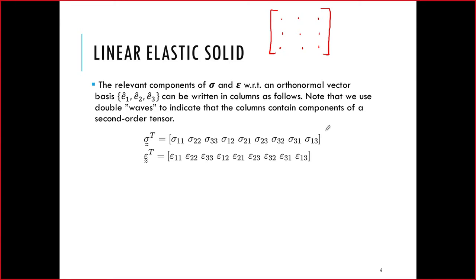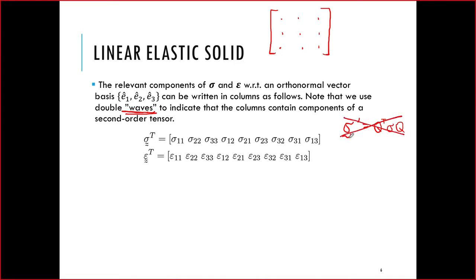Now already I am being careful and I am representing these components of the stress tensor and the components of the strain tensor with these double waves to show that these are no longer written as tensors. That means if I have this double-wave version, then the tensor multiplication I did earlier, sigma prime equals Q transpose sigma Q, or the other way around, you remember what I am talking about, the stress transformation case. Then if I have my sigma written up like so, this does not apply.